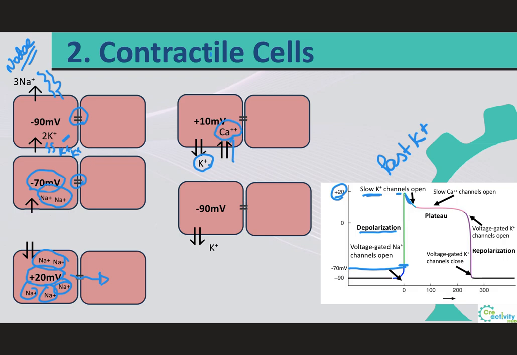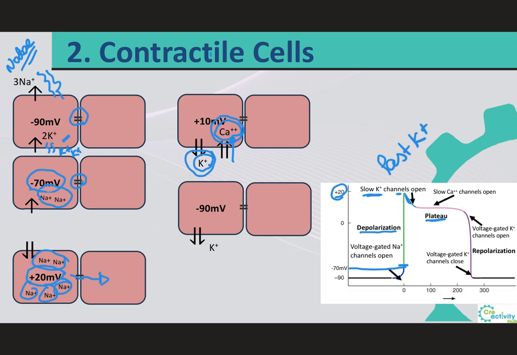And why does calcium come in? Well, calcium comes in because this is a muscle cell. And you should know that for muscle cells to contract, they need calcium. Therefore, once calcium enters, the muscle cells start to contract. But because we have the positive potassium coming out of the cell and the positive calcium going into the cell, it forms this plateau where they will balance each other out.